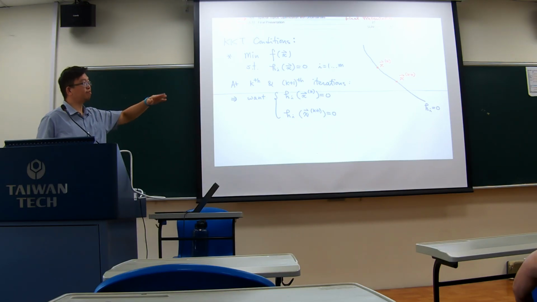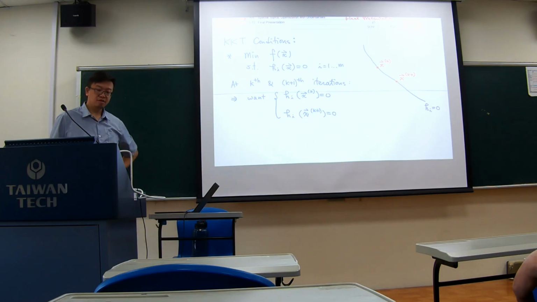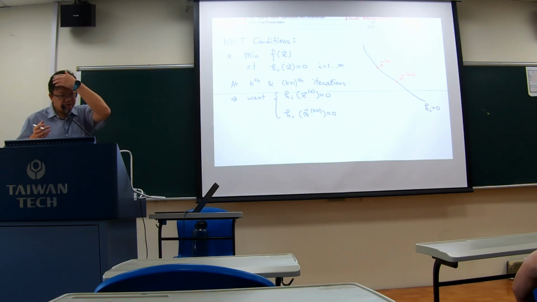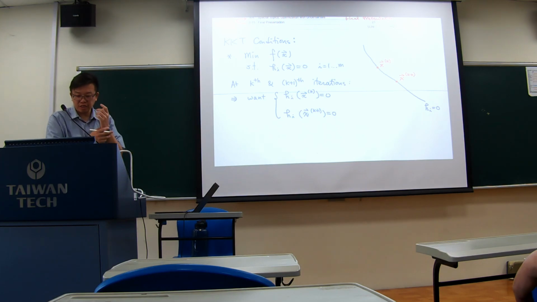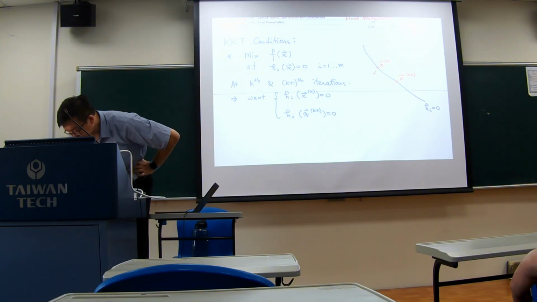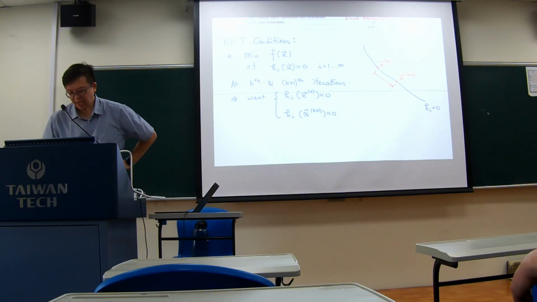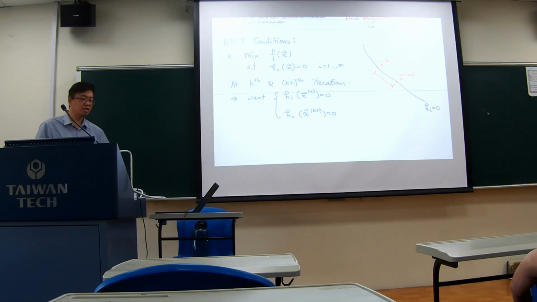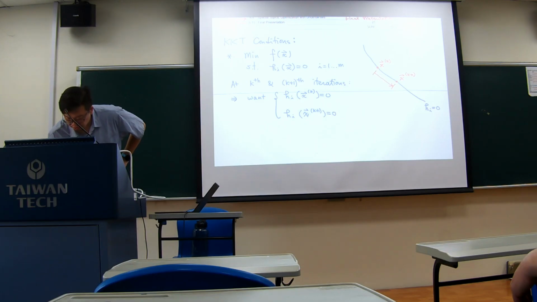It will be somewhere else, but you want x_{k+1} to also stay on that equality constraint. By this illustration, you can see what's going on. You want to find your design point on this boundary. So from x_k to x_{k+1}, you make some kind of movement. Let's say your movement is d.